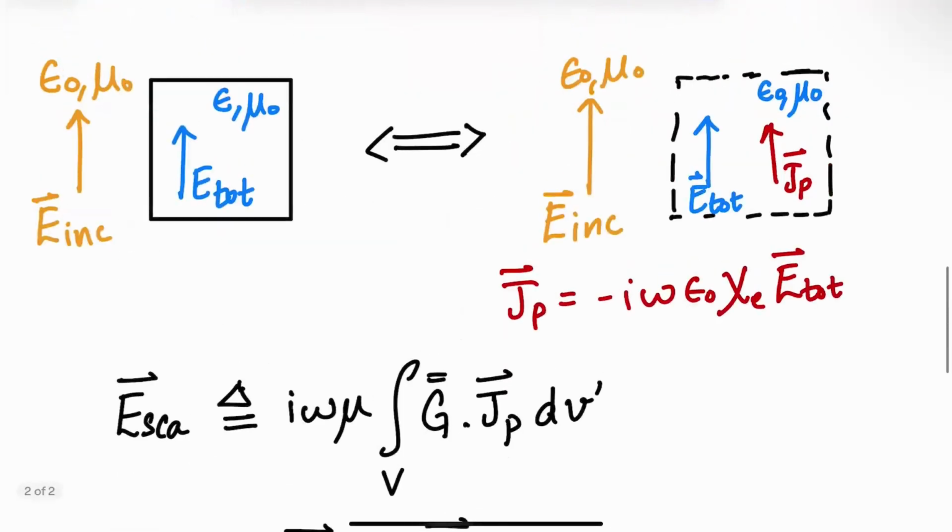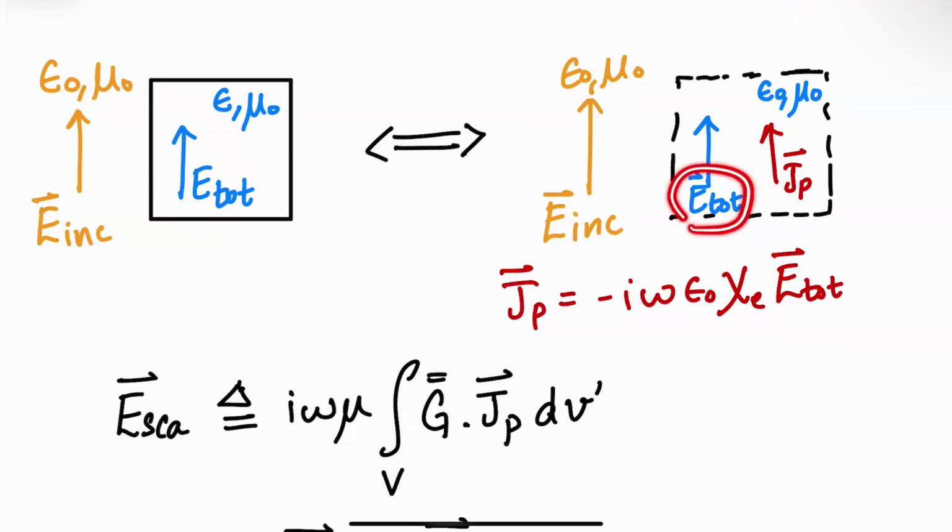So what we're saying is that these polarization currents essentially radiate some field. That radiation produces E total and minus E incident, which cancels exactly the E incident here. And the total field that's left over after the cancellation is the same total field as this one, because it satisfies the same wave equation inside this medium.